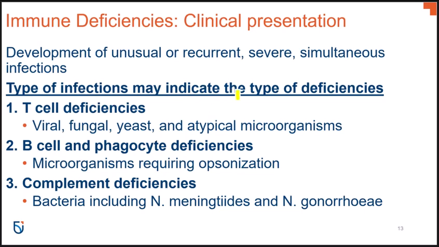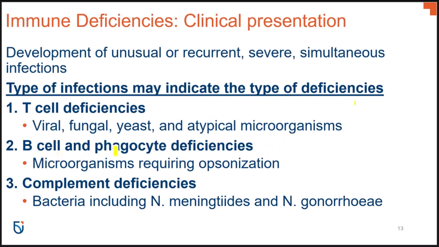The type of infections can sometimes indicate the type of deficiency that's present. So, for example, people with T cell deficiencies are more prone to infections from viruses, funguses, yeast, and some atypical microorganisms.